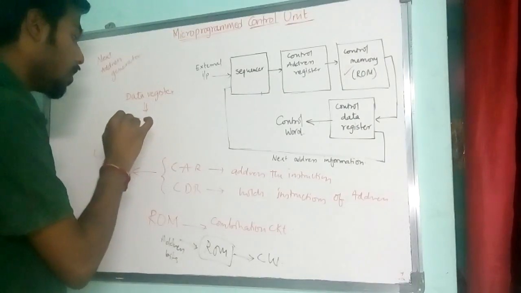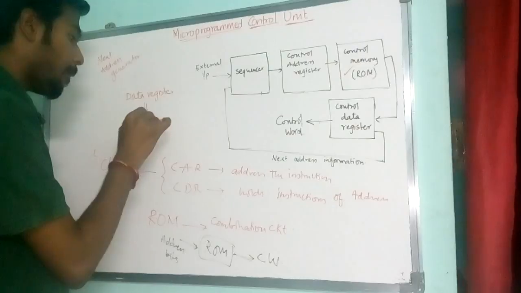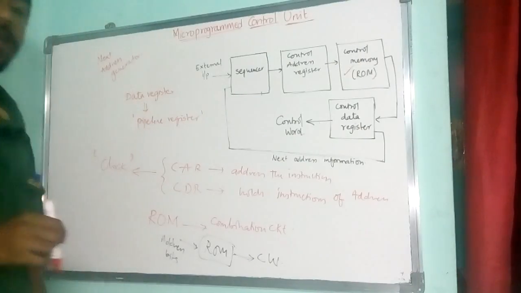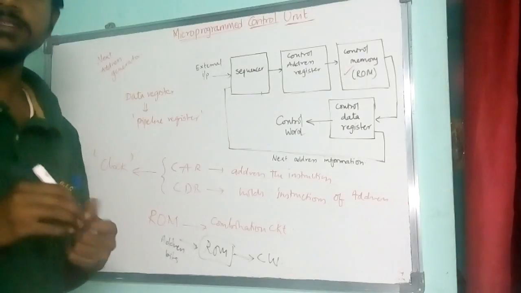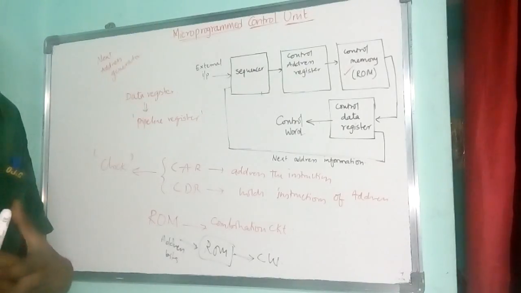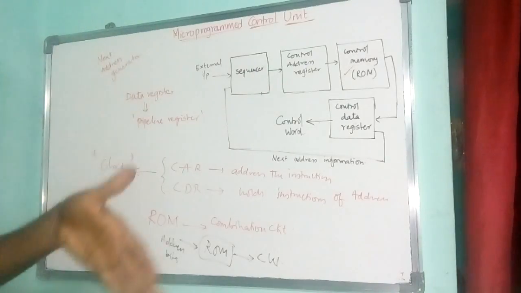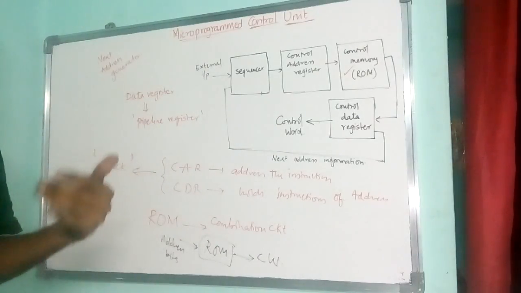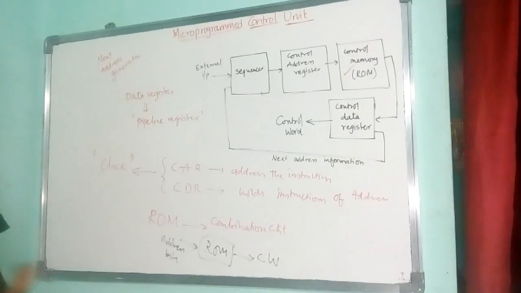This is called a pipeline register. It employs the principle of pipelining. That means it has its instructions in a line. One after the other, it executes the instruction and gives the control word for every instruction.